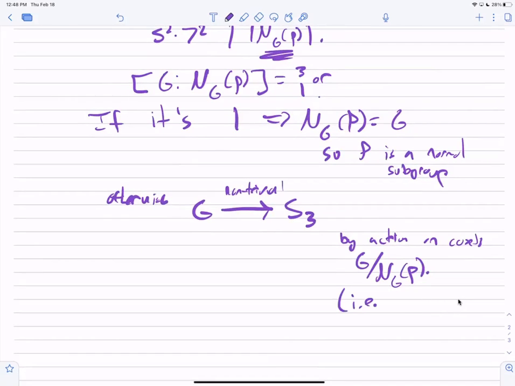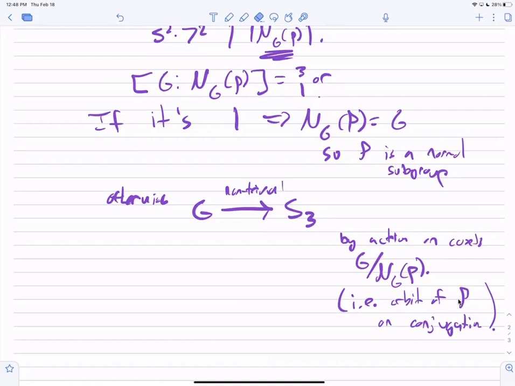Another way to say this is by action by conjugation: the orbit of P under conjugation is, as a G-set, isomorphic to G mod the normalizer. These are equivalent statements.